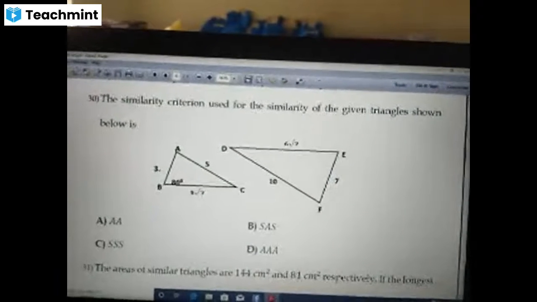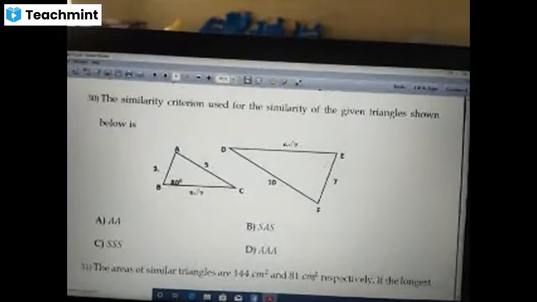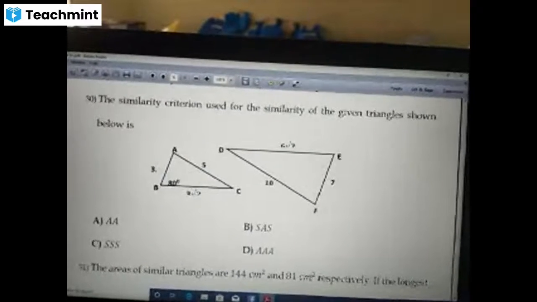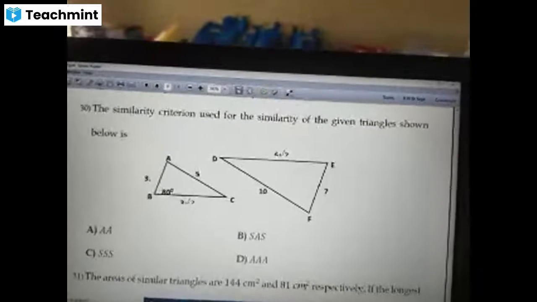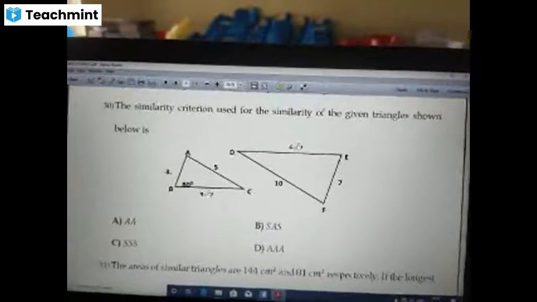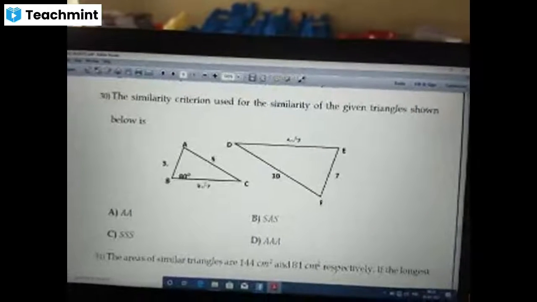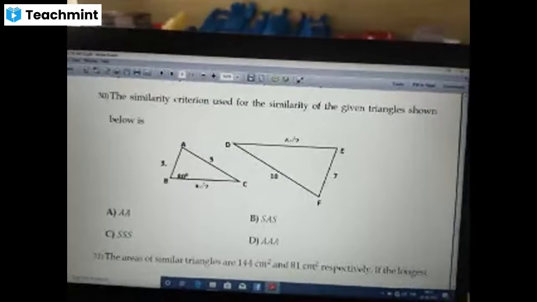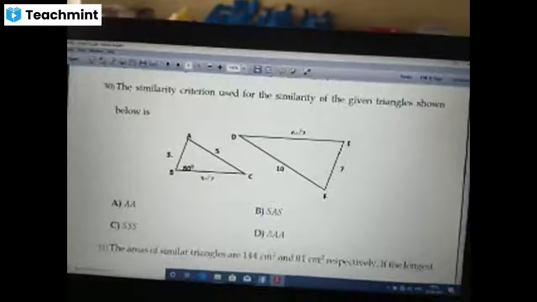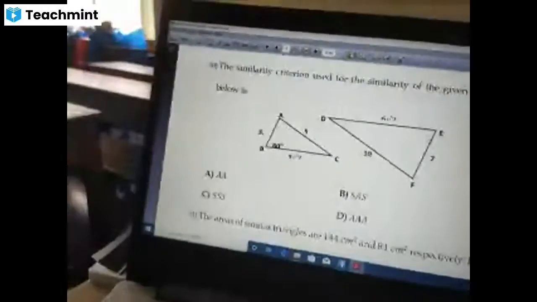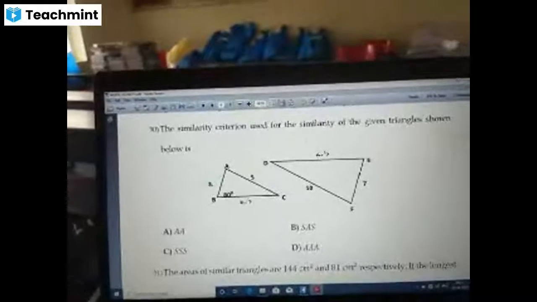Which is the similarity criterion used here?